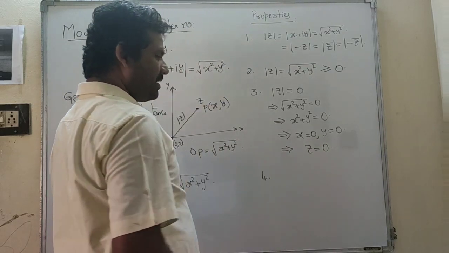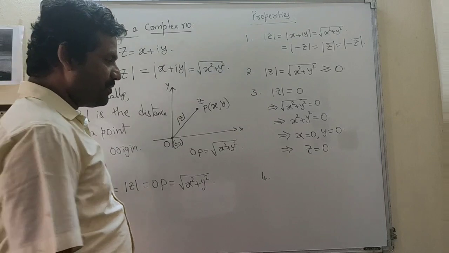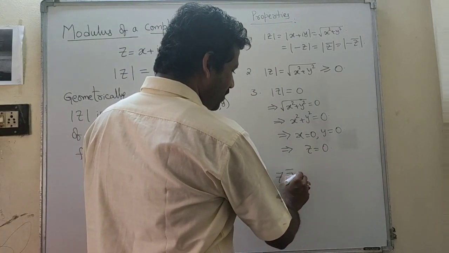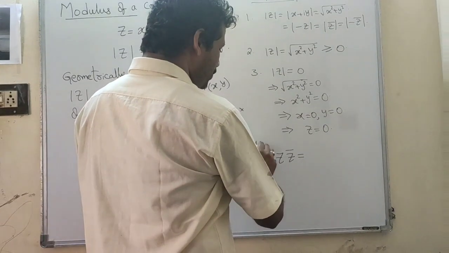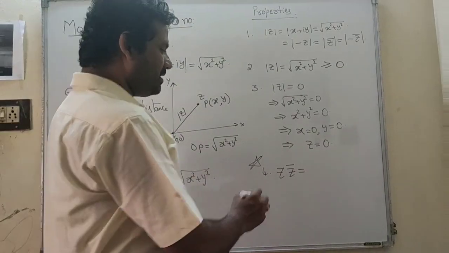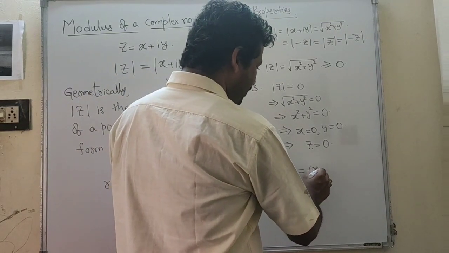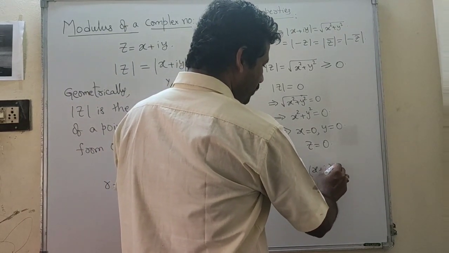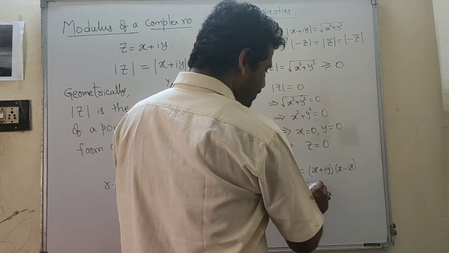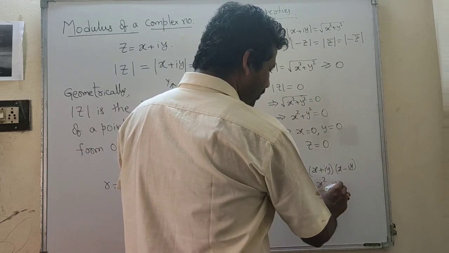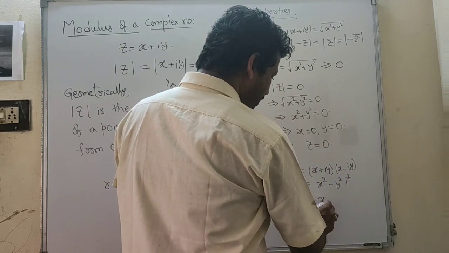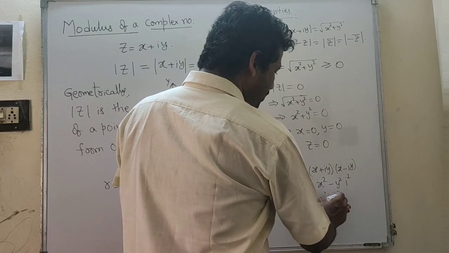Right. Next, the fourth point, z into z bar, a very important one. We use this frequently. What is z z bar? X plus iy into x minus iy. A plus b into a minus b is a square minus b square, with i square, that is nothing but x square plus y square.